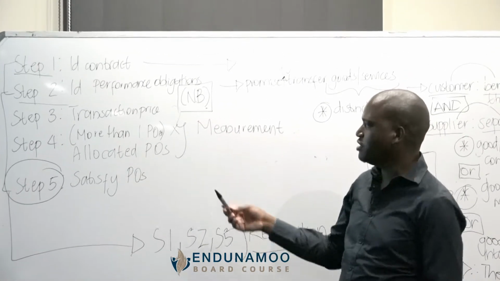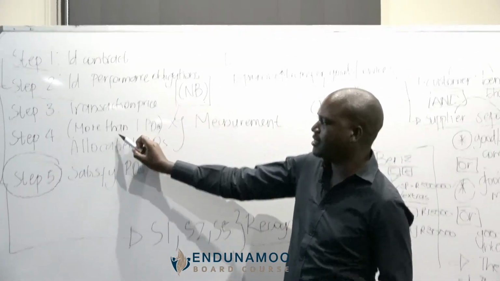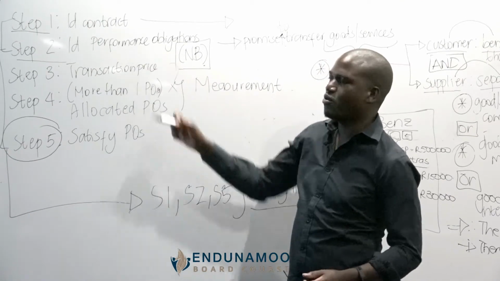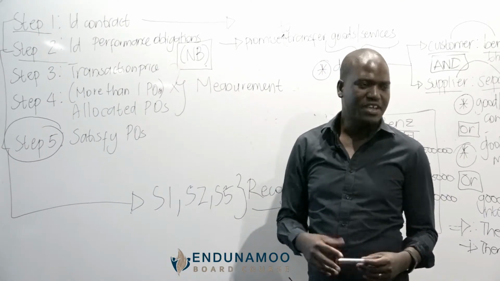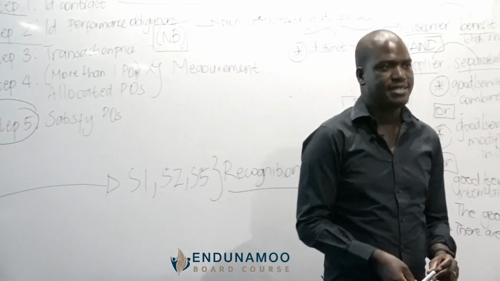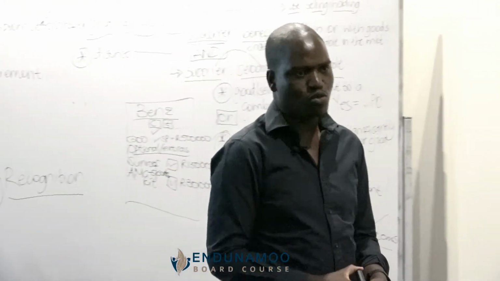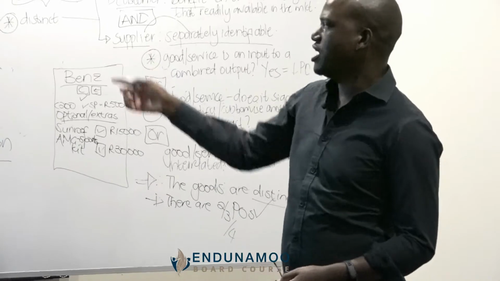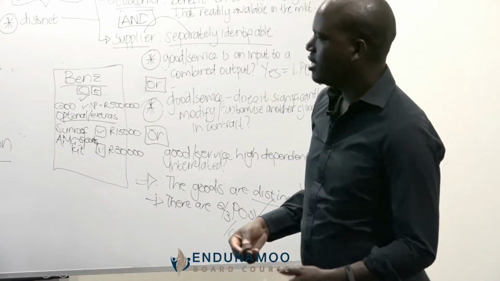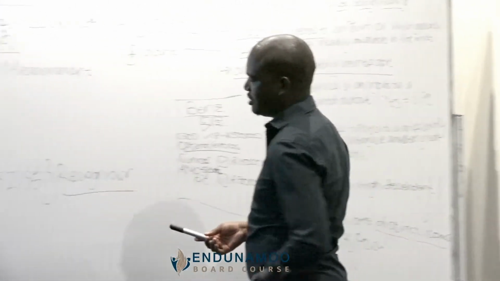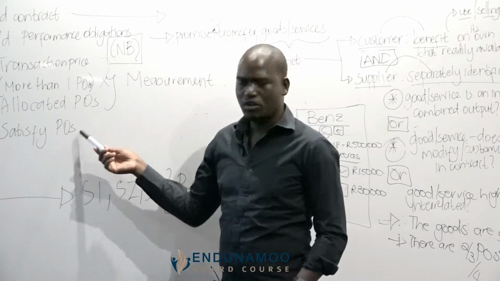It's just sometimes, as I said before, to talk about step 4, you cannot skip step 2. And that's what they did in one of the previous ITC. They asked you to talk about the recognition of revenue arising from the satisfaction of performance obligation.